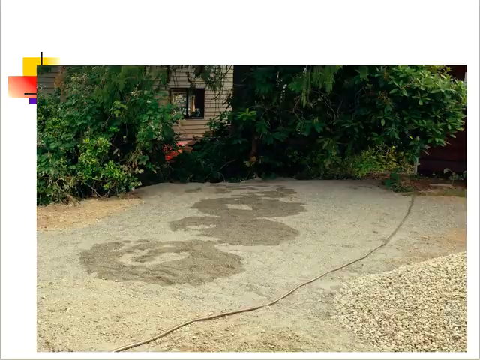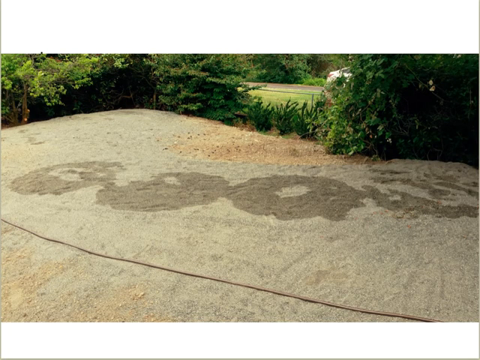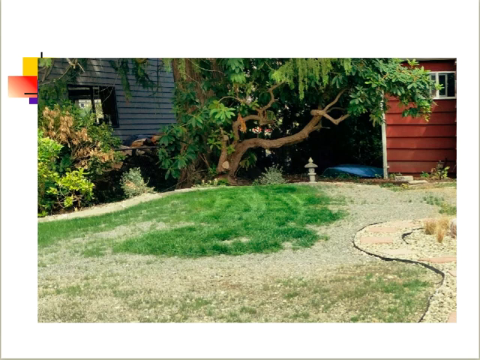But in any event, the wetting patterns are going to be very evident when you first put the system into operation. And this was 3 months later. Tremendous grass growth. The sand, even in the areas where it's still a little dry, it's still firm. They use just a push mower to mow this lawn, and when you walk on it, you can't tell that you're on a sand bed at all.